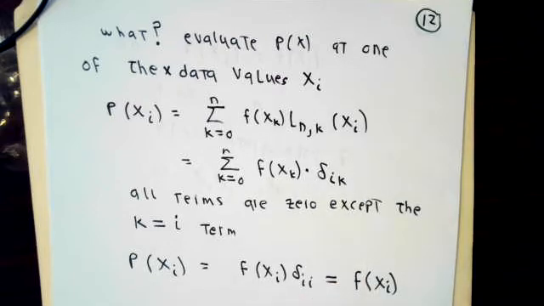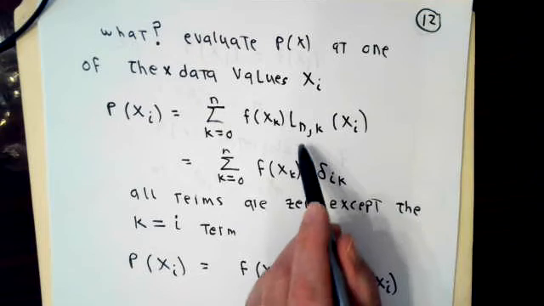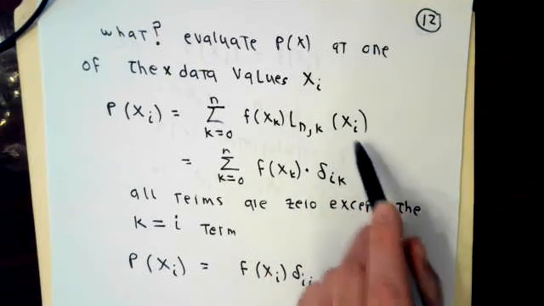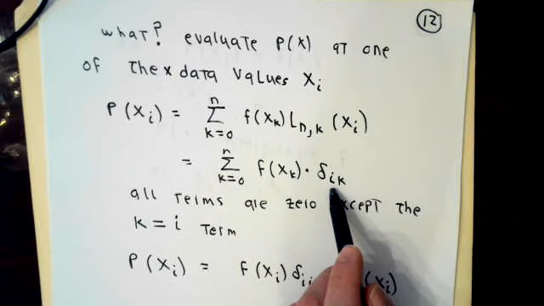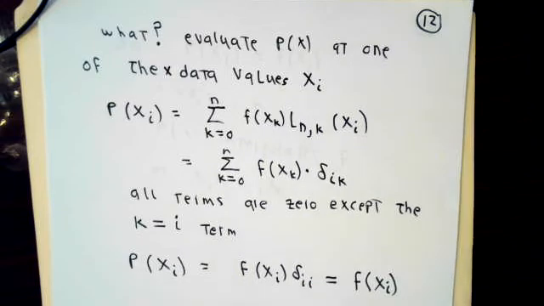But we've figured out something about these Lagrange polynomials when evaluated at an x out of my data set. L n,k evaluated at xi is Kronecker delta ik.